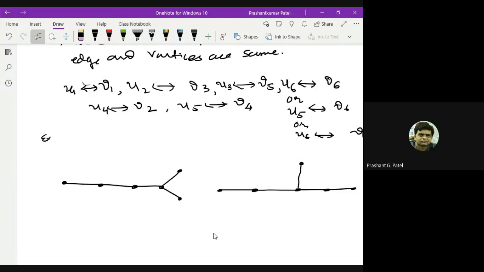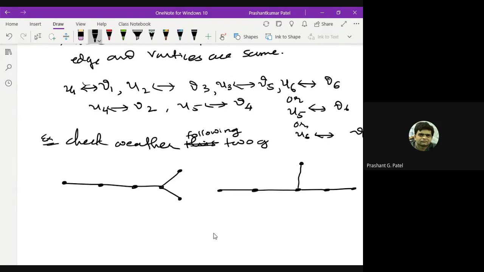The question is to check whether the following two graphs are isomorphic. So what is your answer? See, first of all, the number of vertices is the same. 1, 2, 3, 4, 5, 6. Here also 1, 2, 3, 4, 5, 6. The 6 vertices are the same.